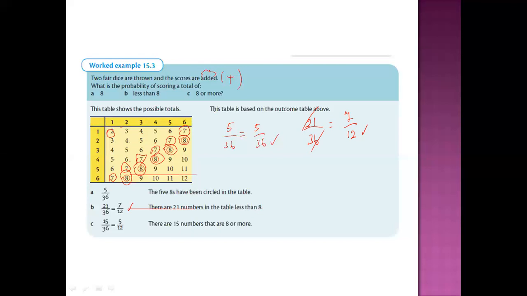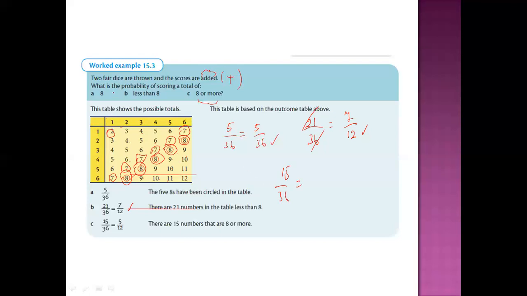Okay. So the last question is 8 or more. Please read that carefully, not more than 8, but 8 is included and more than 8. So that's why you should also count the 8s. There we have 5 8s. 5 plus 6, 7, 8, 9, 10, 11, 12, 13, 14, and 15. So that's why 15 over 36.